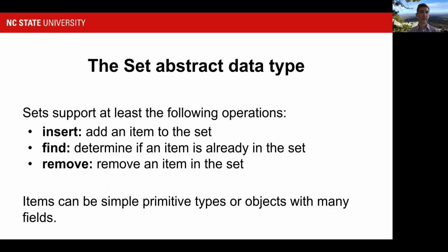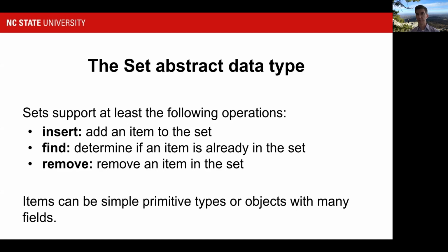Okay, so normally we support three functions on a set: insert, find, and remove. Insert will add an item into the set. Find will determine if an item is already in the set, and remove will remove an item from a set if it's there. It's worth noting that for these sets, when we do an insert, we'll only insert the item if the item is not already in the set.